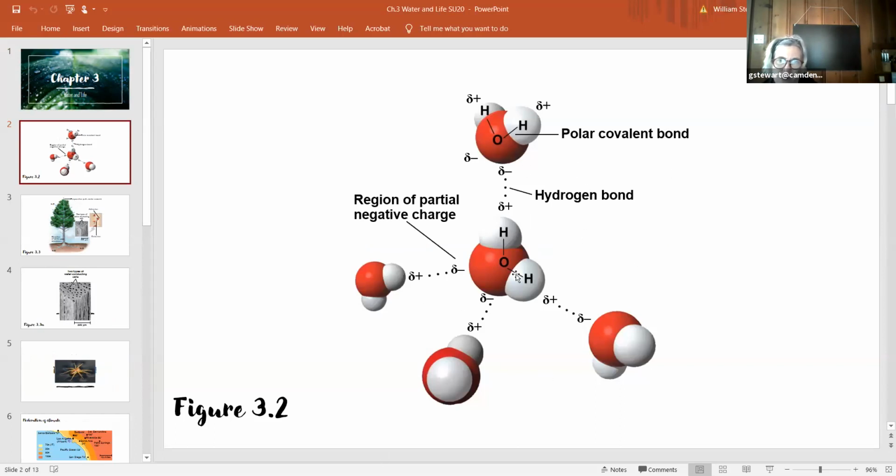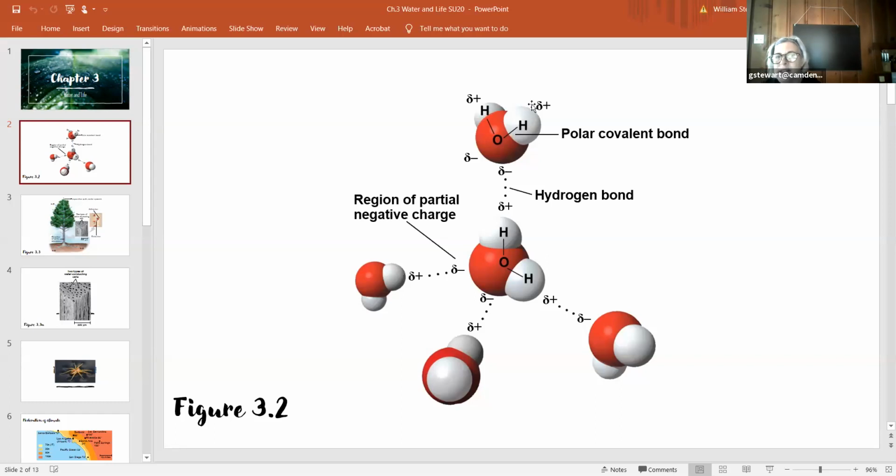Okay, so these are water molecules that we talked about yesterday as having polar covalent bonds. And if you remember, we had oxygen with its 8 protons, 8 neutrons, 8 electrons, and 2 electrons in that outer shell. So it's going to share with 2 hydrogen atoms, which only have 1 proton and 1 electron.